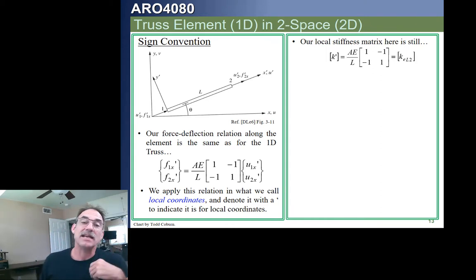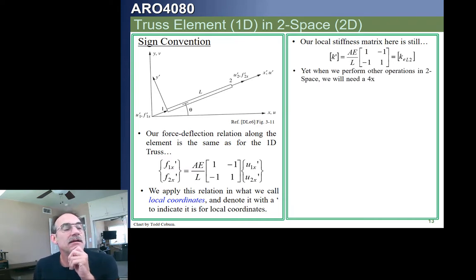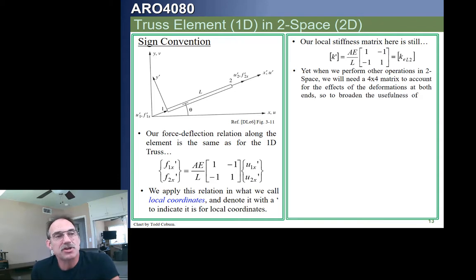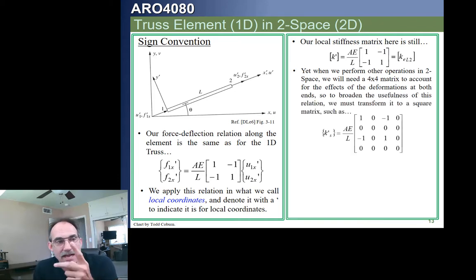Later we'll find we need an even larger one to deal with 3 dimensions. So if we want to perform two-dimensional operations with two nodes, each of which has two displacements, one in the X and one in the Y, or one in the U and one in the V, we're going to need to expand this. This 2x2 matrix will expand into a 4x4 like this.